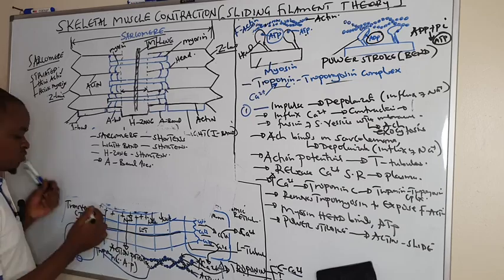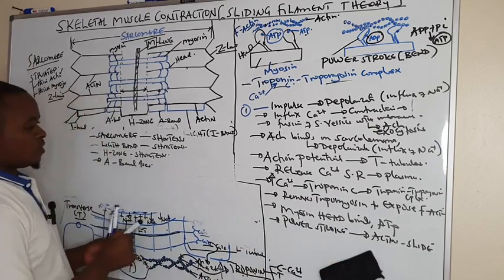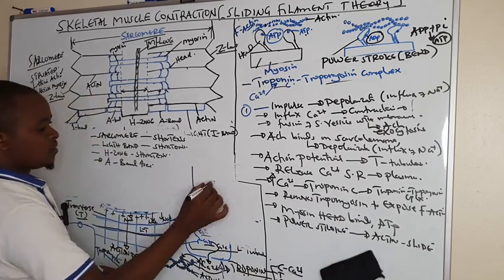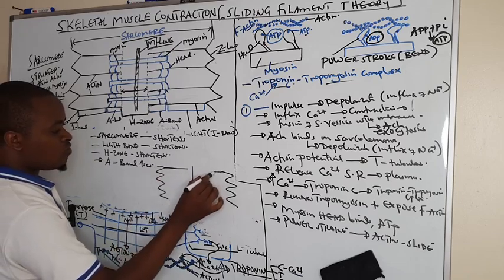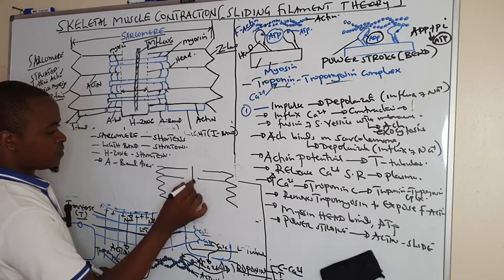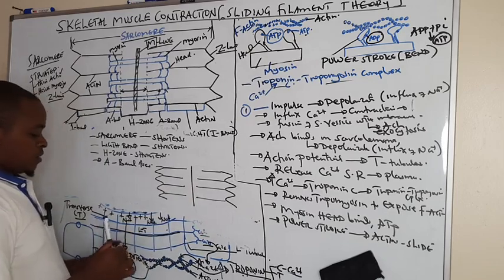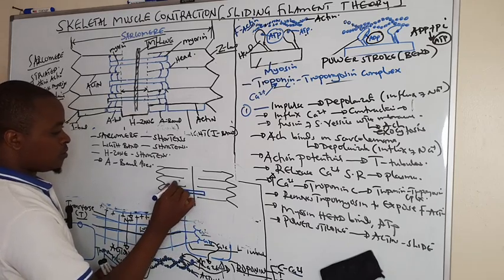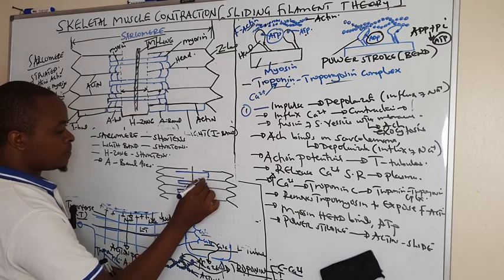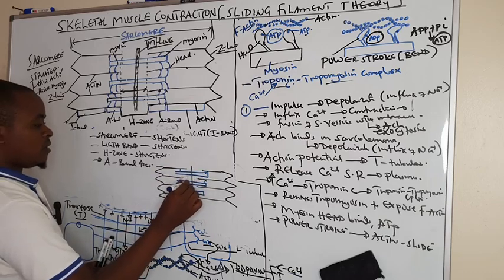And if I were to illustrate it here, the contracted muscle, we have the M line, we have the Z line, this is another Z line. So we are seeing during contraction, we have our myosin, which remains stationary with the myosin head.